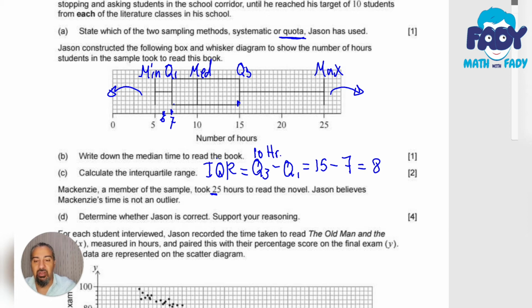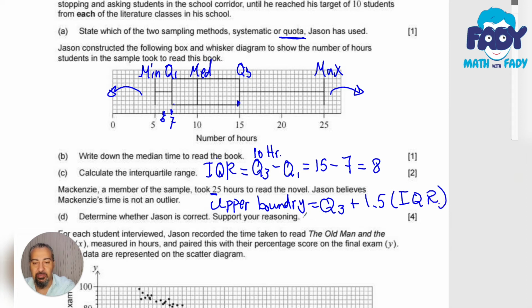So how would we calculate the upper boundary? The upper boundary is Q3, here in the upper part, so we're using Q3 plus 1.5 times the interquartile range.